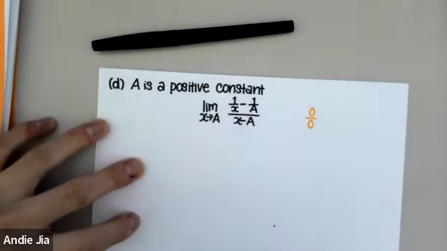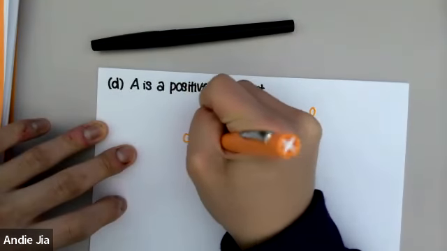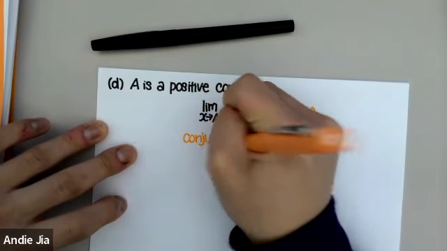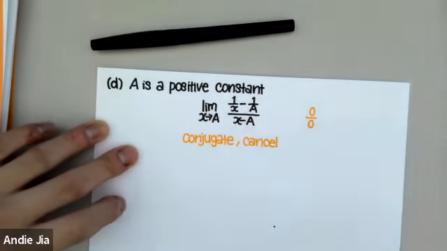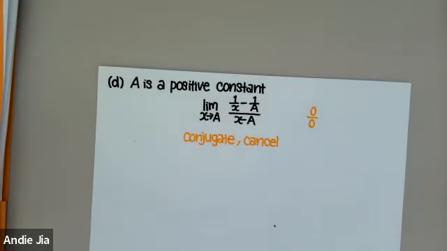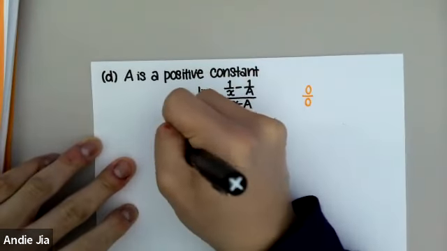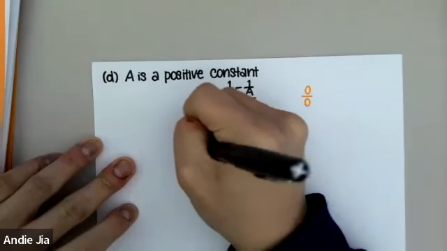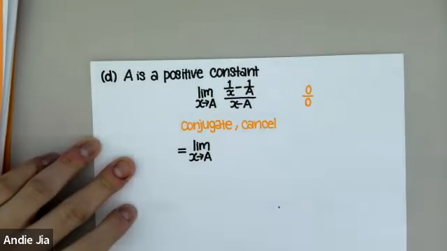So it's an elementary method. It's going to be conjugate, then cancel. Now let's just do this limit. Multiply by x and a.